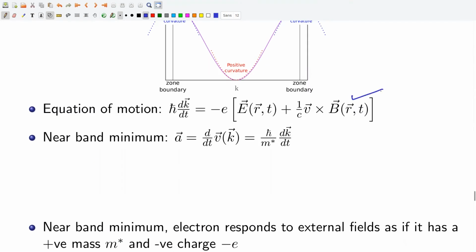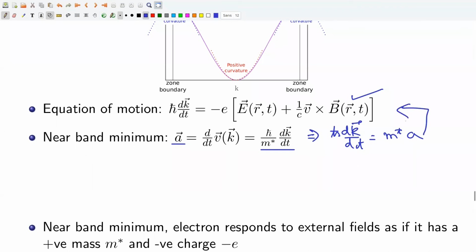This is the semi-classical equation of motion. We have found that near band minimum, acceleration can be written as h bar divided by m star times dk dt, and we just rewrite this as h bar dk dt is equal to m star times a.